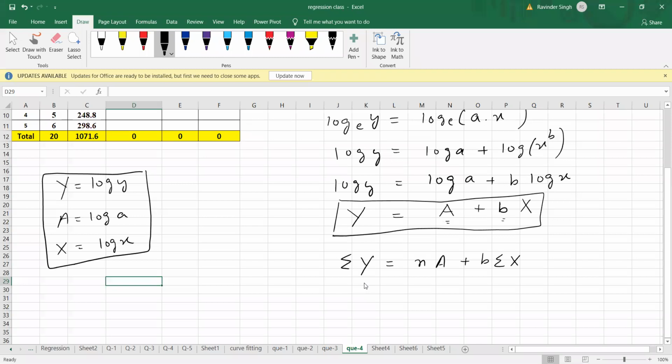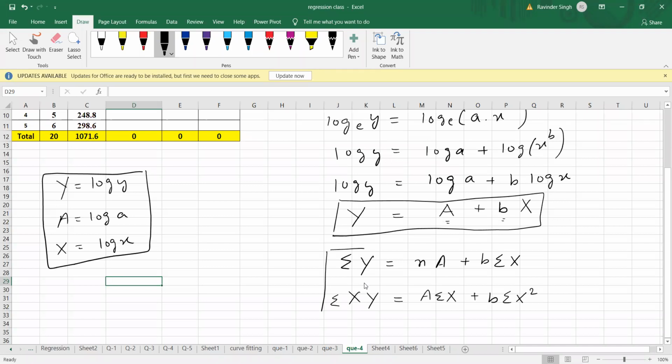Now for the second normal equation, you multiply by the coefficient of small b, which is capital X. So this will become summation of capital X Y is equal to A, which will be outside the summation, times summation of capital X plus b summation of capital X square.